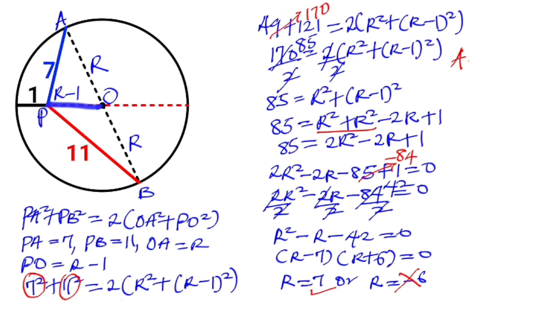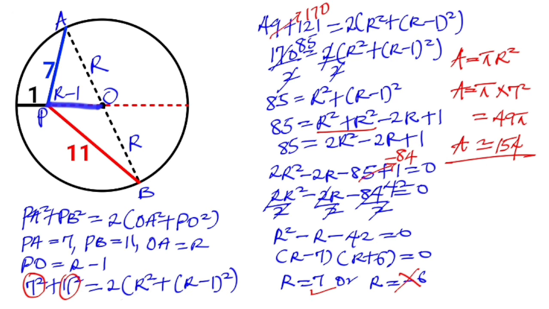Since the area of a circle is equal to pi times the radius squared, the area of the circle is equal to pi times 7 squared. And this gives us a final exact answer of 49 pi, which is approximately 154 square units. Hence, the area of the circle is equal to 154 square units.